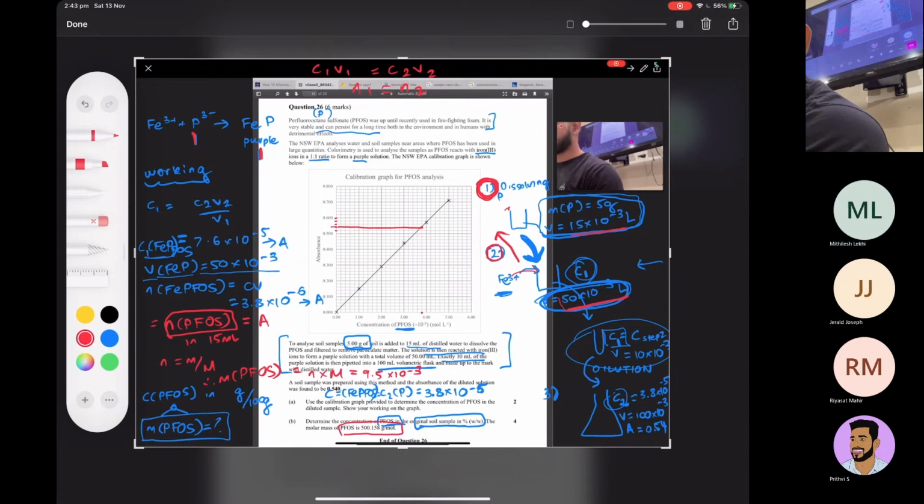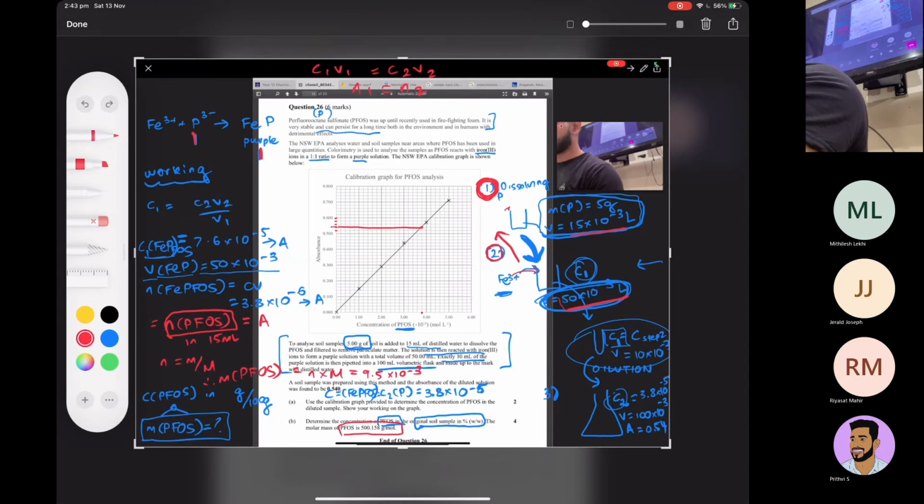How did you do it? So I just converted into moles straight away, and then I just tried to work back from there. I don't know if it worked. Okay, if you found number of moles here, Mithilesh, and you just went back up here and used the same number of moles, you would not have got it correct, because that step was not a dilution.